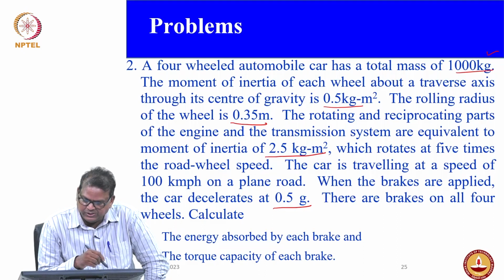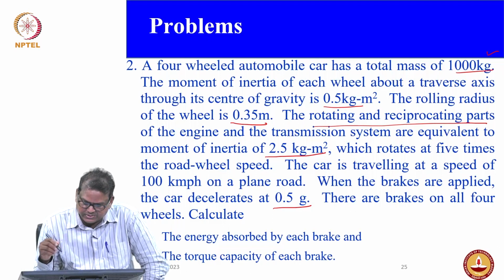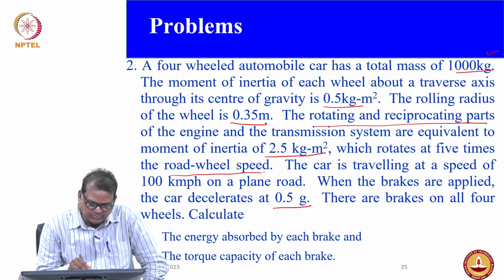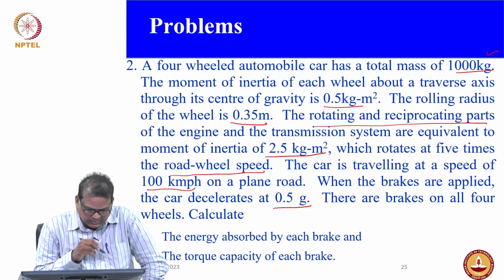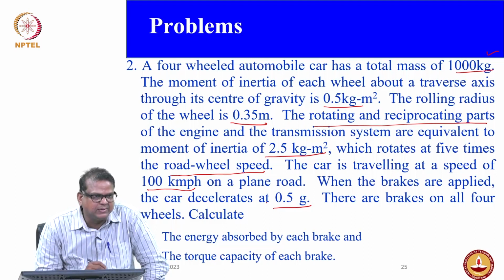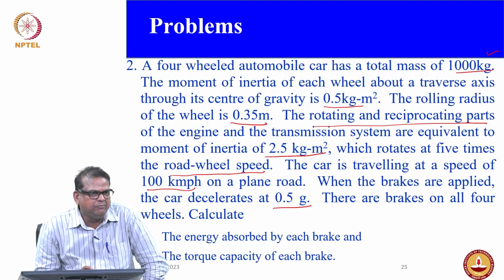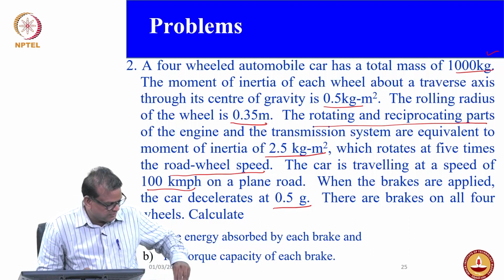Then the moment of inertia of the rotating and reciprocating parts is given, 2.5 kilogram meter square. And one more piece of information is given, these parts rotate 5 times the road wheel speed, that is clearly given, and the speed is also given, right? And instead of velocity, it's given as the car deceleration, 0.5 g. Okay. So, how are we going to solve this problem?